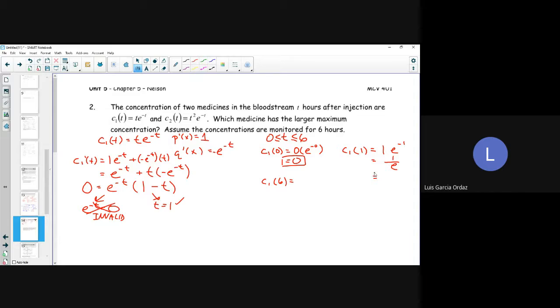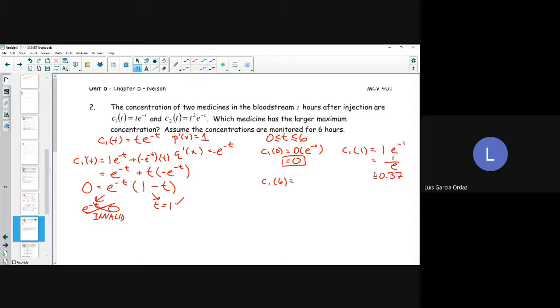Okay. And who can tell me what C1 gives me when I sub in 6 for T? Well, Priyanshu, you were kind of right. I said approximately 0.37. So if I round it up, 0.3678 is 0.37.